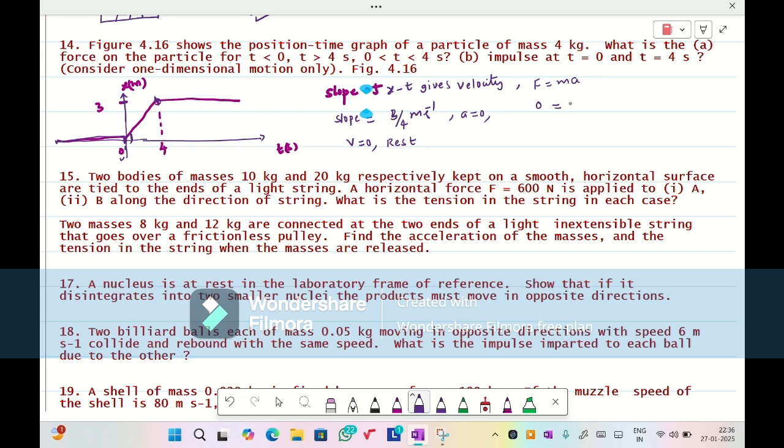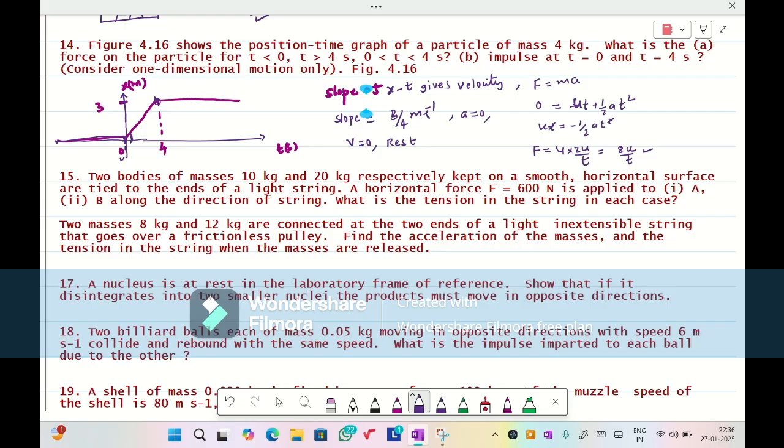Therefore, 0 equals ut plus half at squared, so ut is equal to minus half at squared. From here, for t less than 0 seconds, the force F equals m into 4, with a equal to 2u by t, so that equals 8u by t is the force equation.